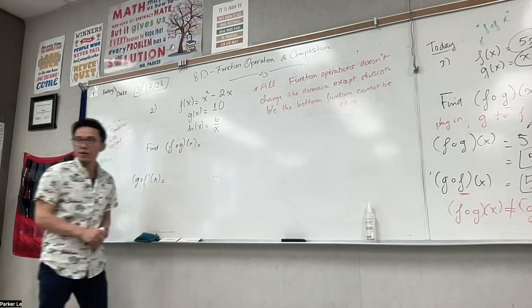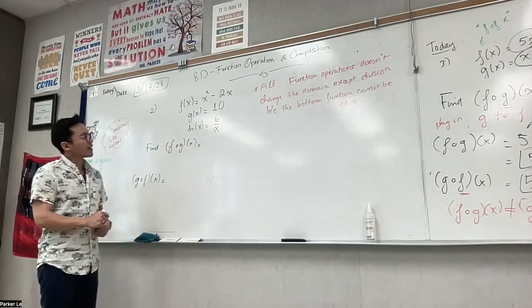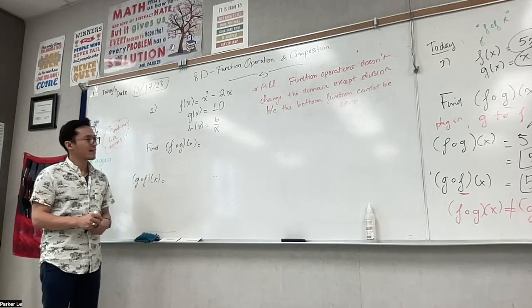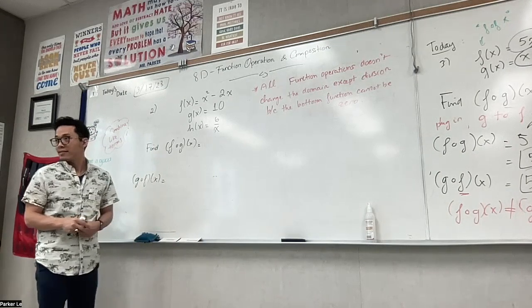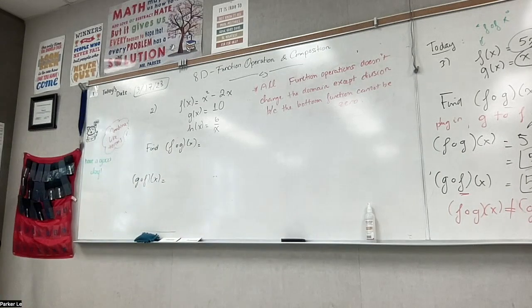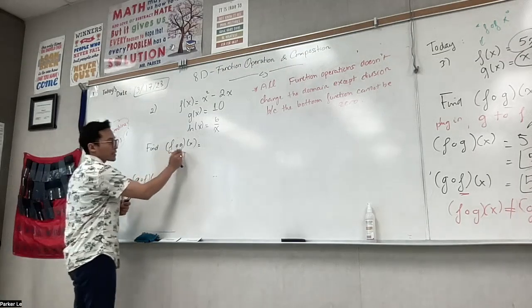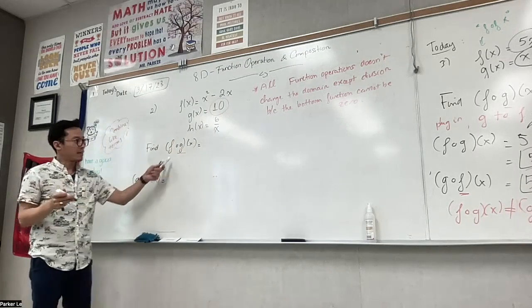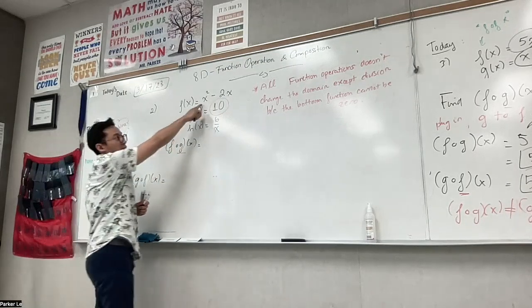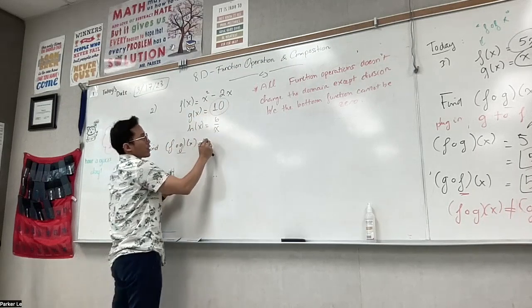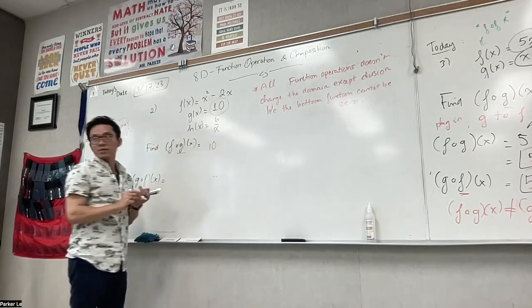Let's try Orlando. What are you gonna do? So what is the one closest to x? G, right? G is closest to x. So you're gonna plug in the whole g into f. Whatever you see x, you're gonna replace by the whole thing here. Can you tell me what this is equal to?